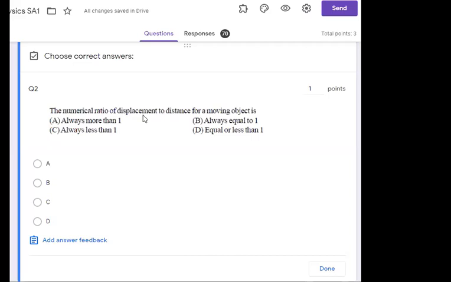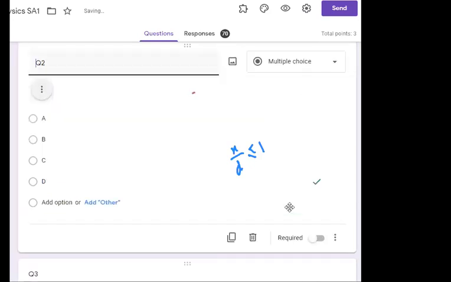Remember, displacement by distance is always less than or equal to 1. So the answer is D. Those who answered D are correct, and they will get 1 mark.